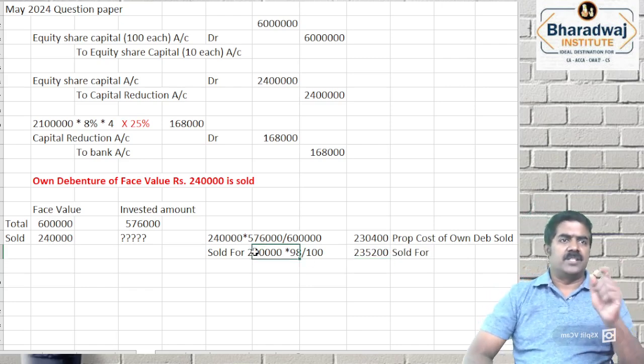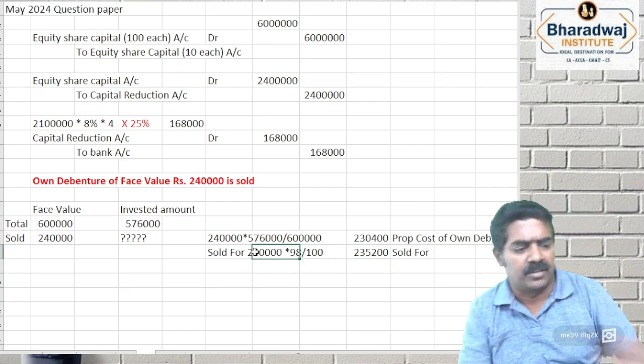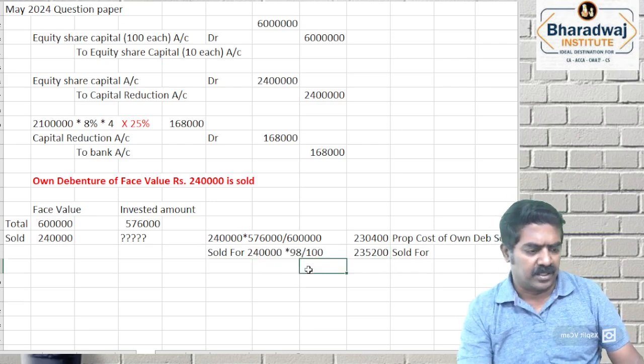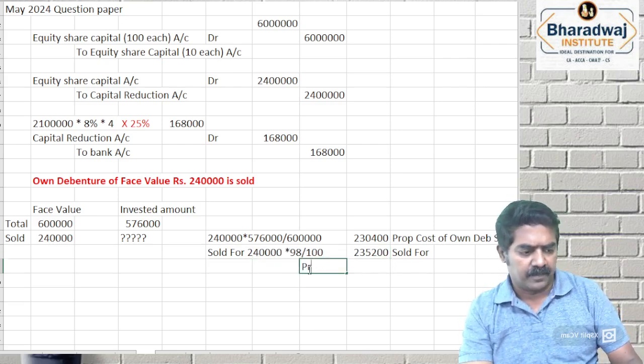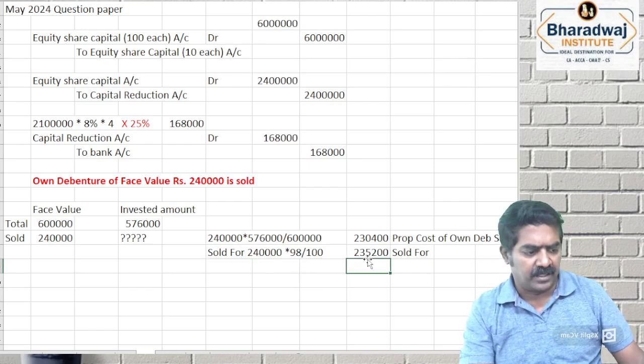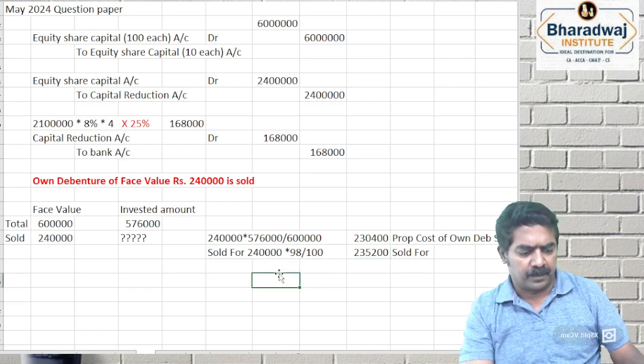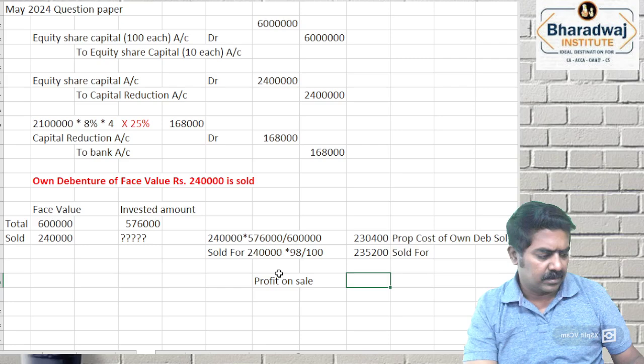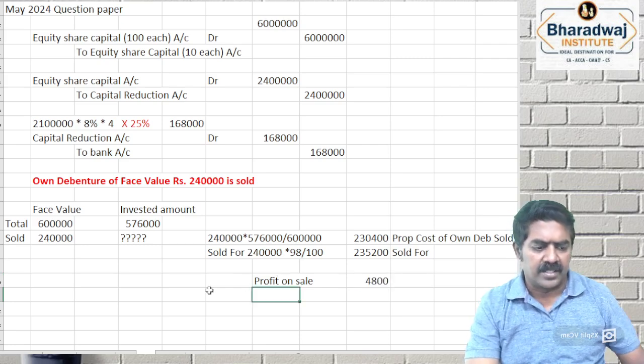For every 100 of nominal value we recover 98. So 2,35,200. Is it a profit or loss? We sell for 2,35,200, so it is a profit on sale of investment, 4,800. So what entry will you pass for this?